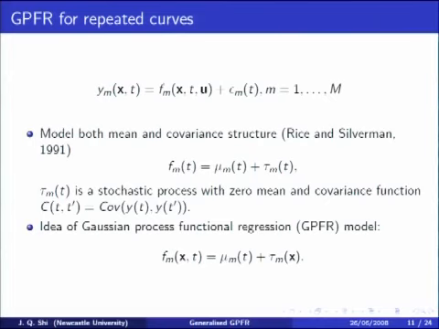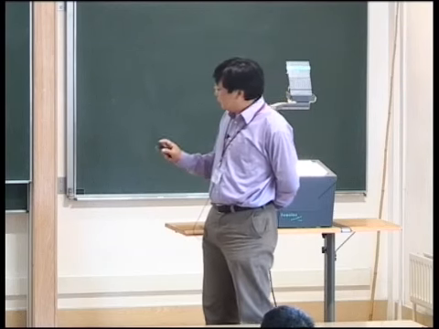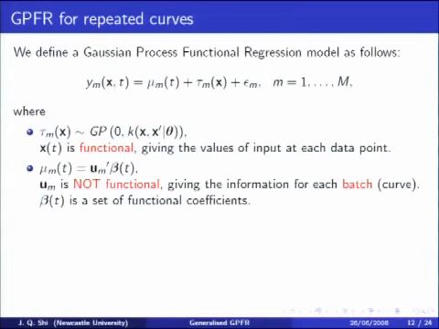This is because if we just focus on this part, usually when Q is large, most non-parametric methods have problems. Here, our tau mx we simply define by a Gaussian process regression model with a kernel covariance function.